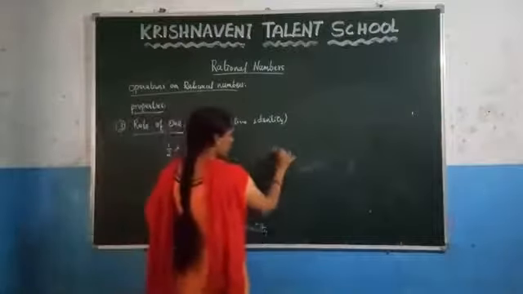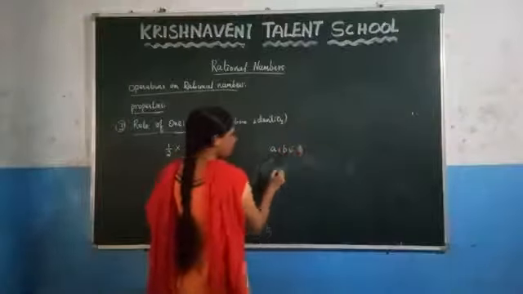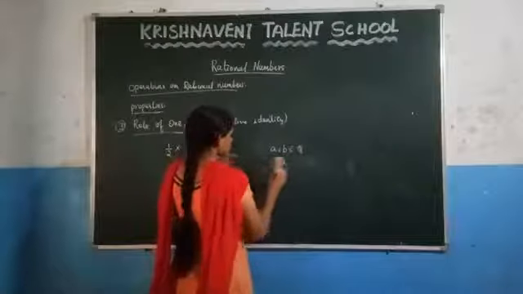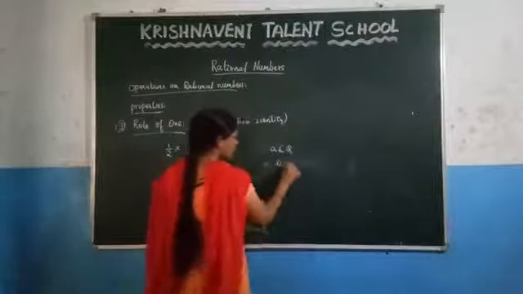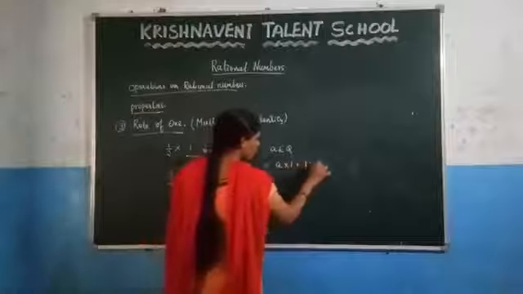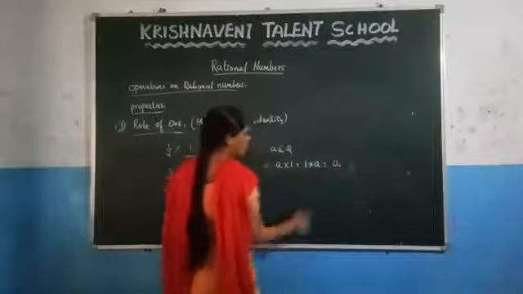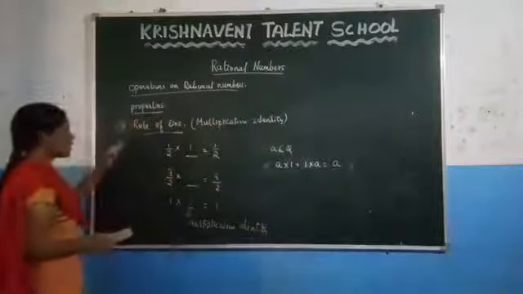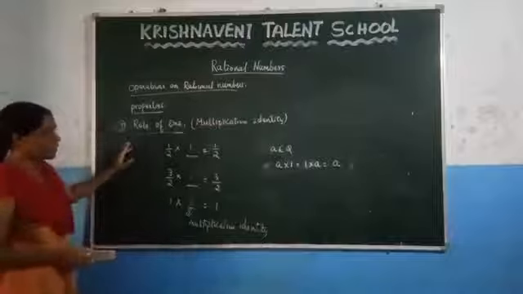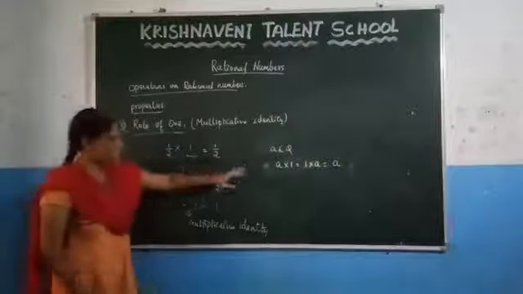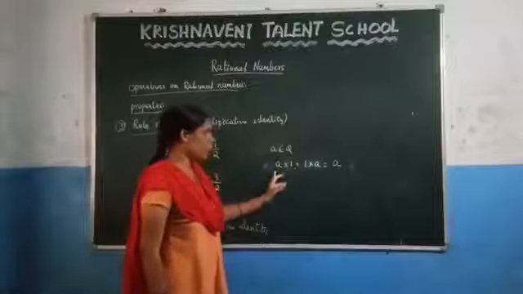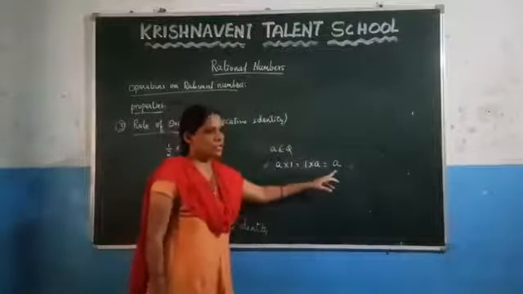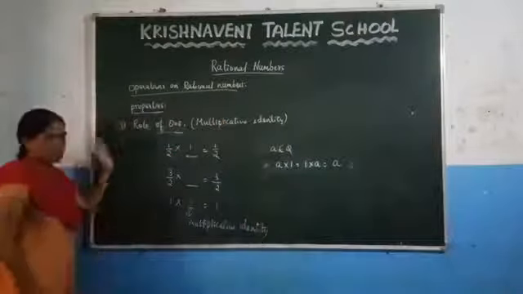If you consider a rational number a, a into 1, which is equal to 1 into a, is always equal to a. So the role of 1, or multiplicative identity, says that if you multiply any rational number with 1, you get the same number as the result. That property we call the role of 1.